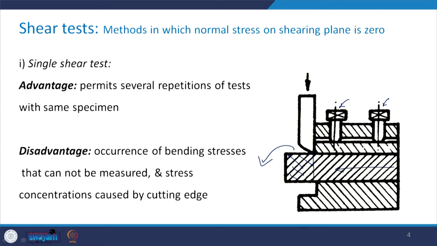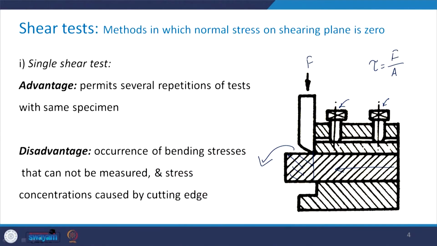So, again with the same specimen I can conduct the second round of the test and find out another value of tau, that is F upon A, on the same specimen. So, the advantage of this test is it permits several repetitions of the tests with the same specimen.